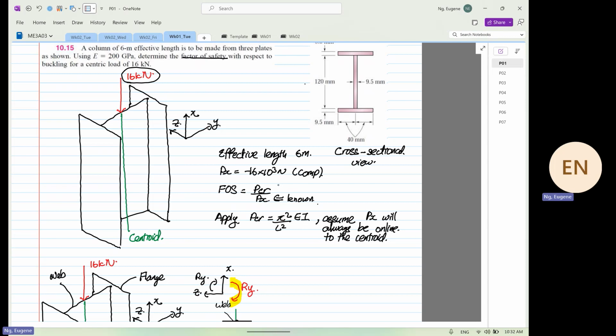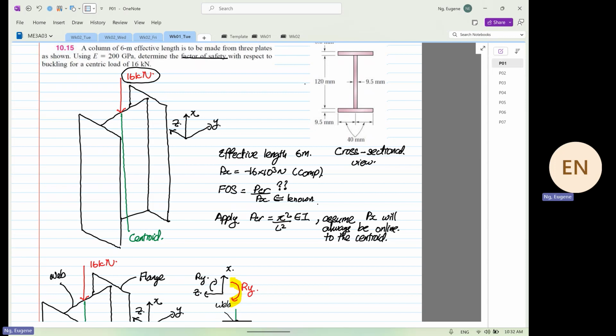What we don't know is P critical, the critical load where buckling will occur. The formula we're going to apply is P critical equals pi squared EI over L squared.